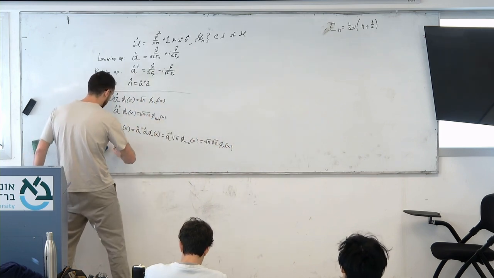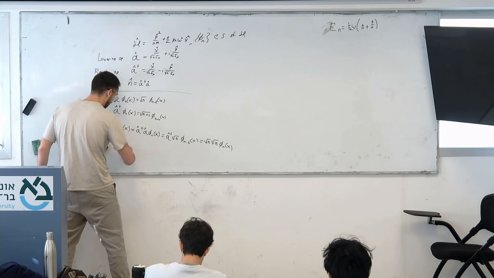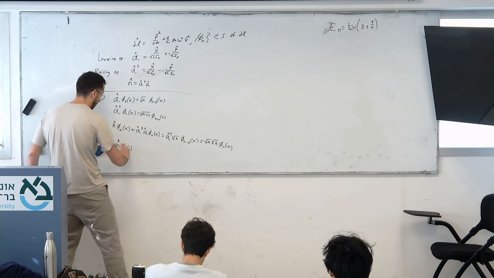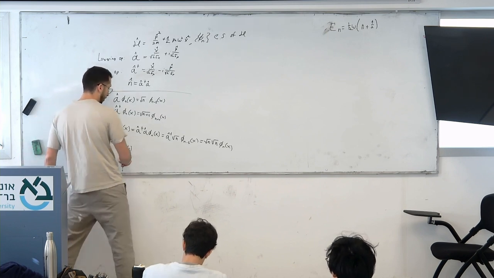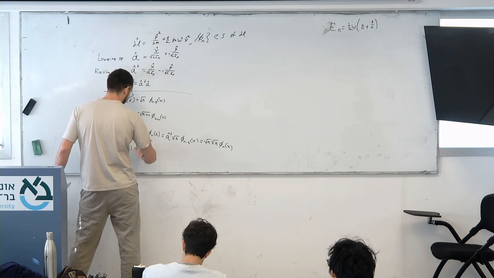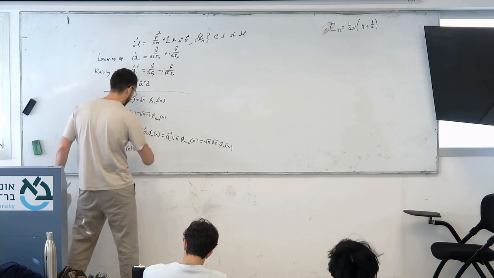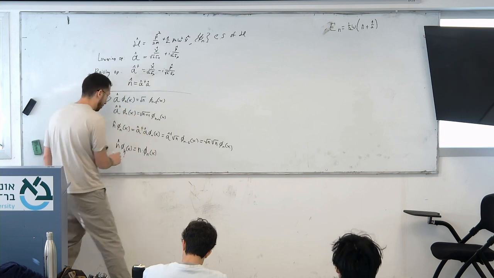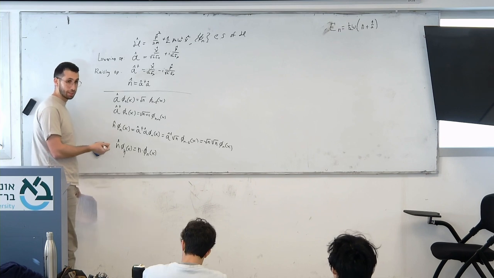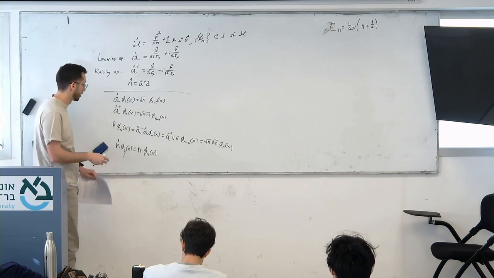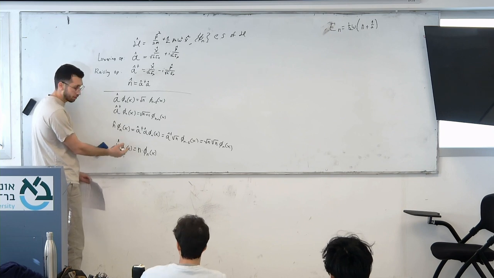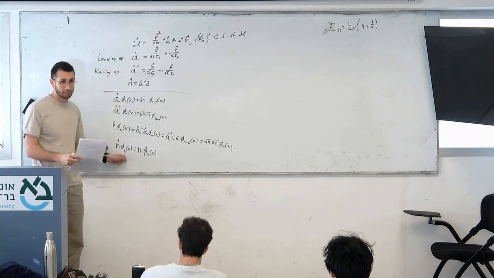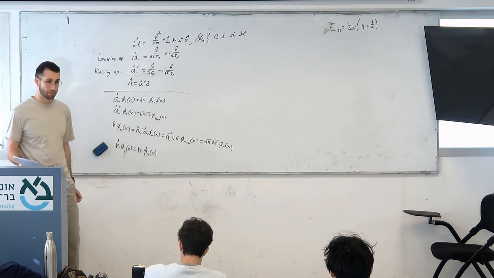Overall, the number operator applied on some eigenfunction phi n of x gives us the number of the state times phi n of x. Meaning the number operator is in the same basis as the Hamiltonian, and hence this eigenfunction phi n of x is an eigenfunction of this operator.